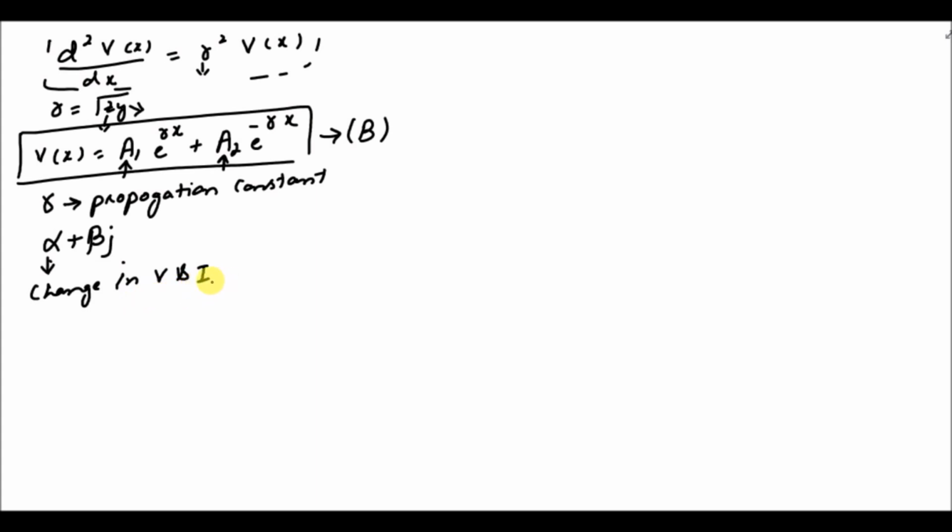So what are the changes happening in the magnitudes of voltage and current as we move from one segment to another? It is measured by alpha, the attenuation constant, and the unit of this constant is Nepers per unit length.